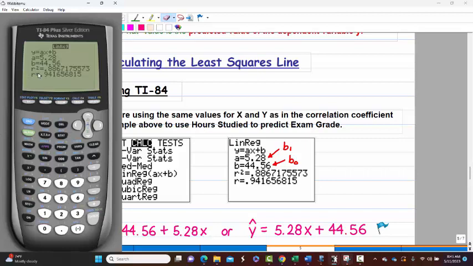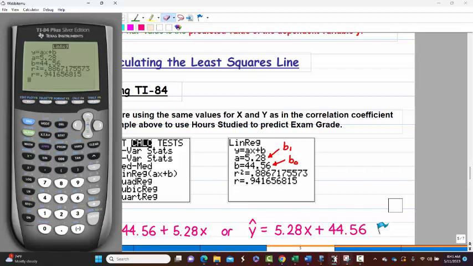Now the calculator uses y equals ax plus b as their equation. Same thing. So that means a is the slope, and b is still the y-intercept. So you see I labeled it using the b0 and b1 notation. b1 would be the same as a, b0 would be the same as b.